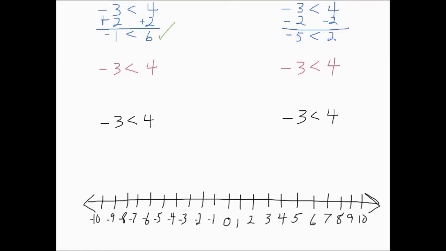Is 2 bigger than negative 5? Well, here's 2. Here's negative 5. Yes, 2 is bigger. Negative 5 is smaller. So this is true. So far I've added, I've subtracted, and nothing went wrong. I kept the same inequality sign that I started with, and everything worked out fine.